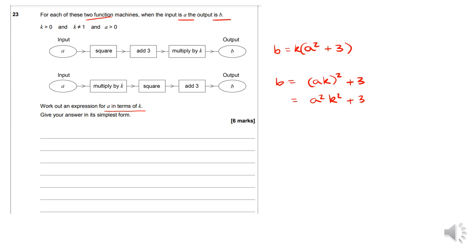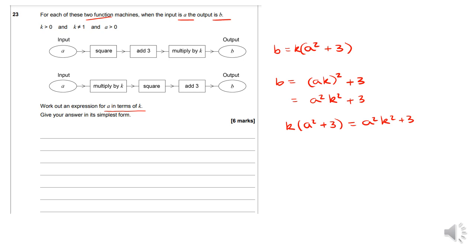Next up, I'm going to put them equal to each other. So I've got K lots of A squared plus 3 is equal to A squared, K squared plus 3, because I've just put the two B's equal to each other. I want A in terms of K, so somehow need to isolate A here. Let's have a little look.